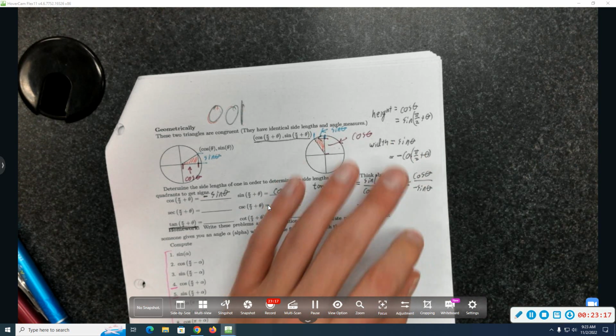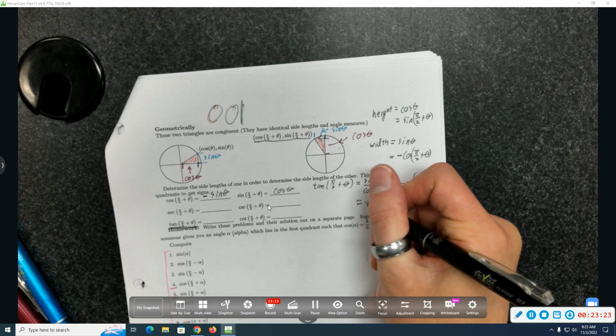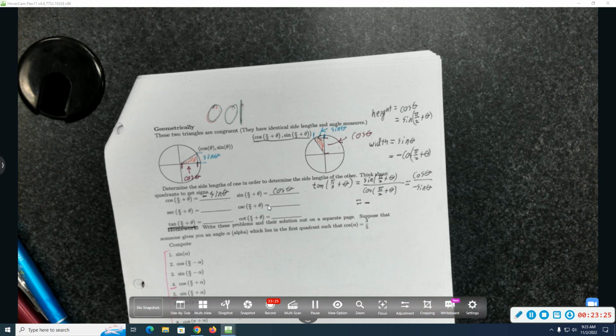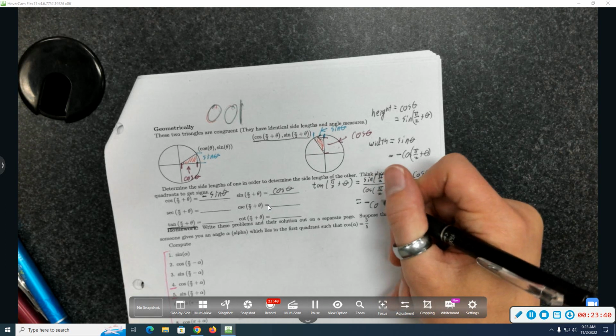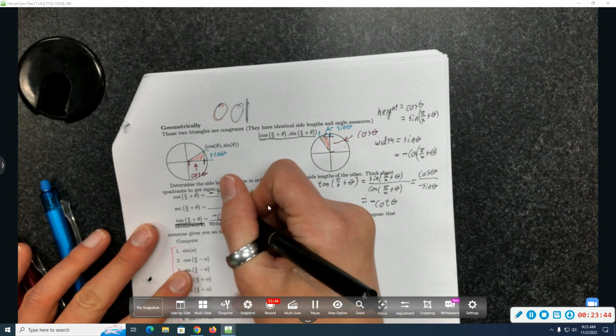Negative sine theta. So I know what to do with the negative sign in the denominator. I can just pull it out front. So this will be equal to negative cosine over sine. Which trig function is cosine over sine? Yeah, cotangent. So tangent became negative cotangent.